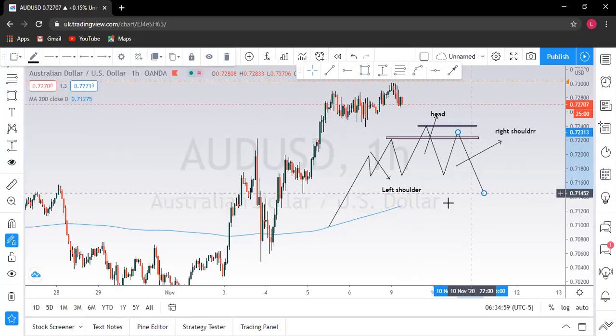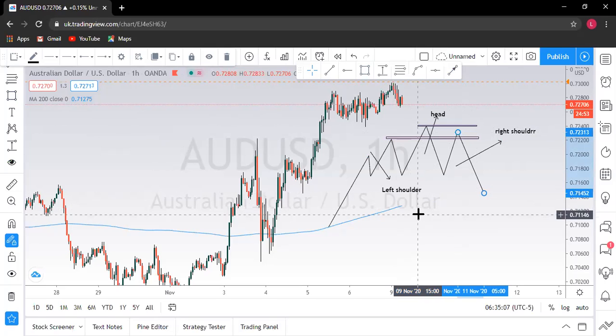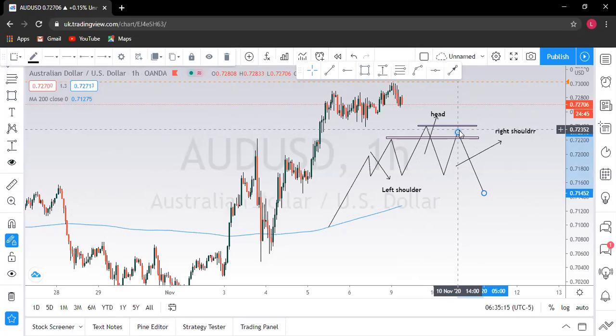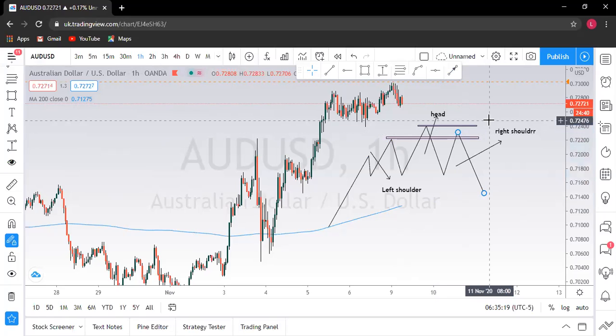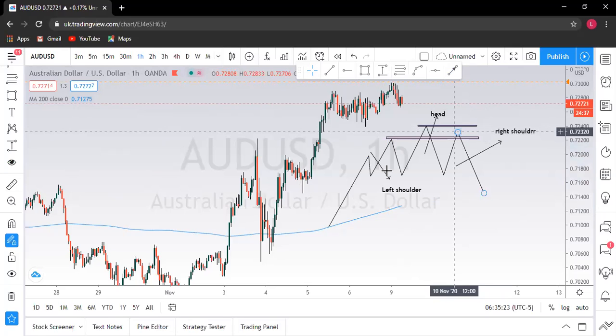And there are two ways in which you can trade this. This is the first way: you can actually sell from this right shoulder. And the second way you can benefit from it is that you wait for the break of the neckline.